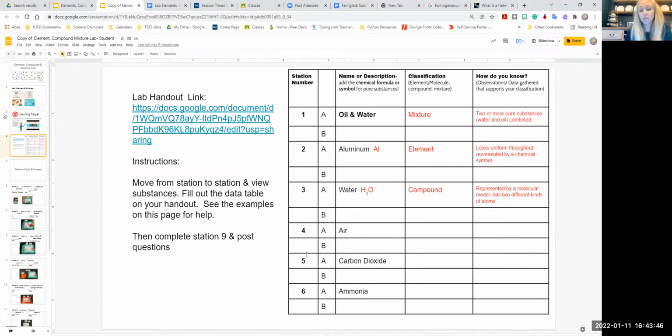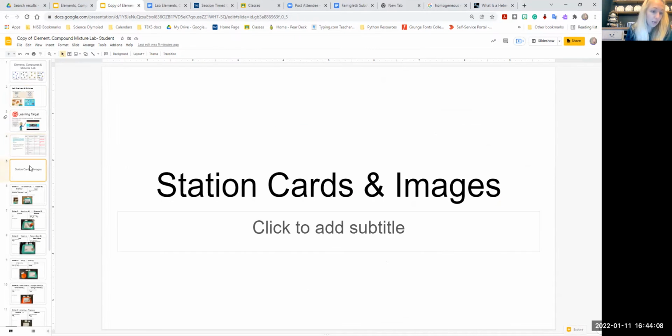Notice that you'll go all the way through station 8, not through station 6. But if you're struggling, you can come back to this slide, and there's some hints that are being given to you on some of the parts of the station, like that show you how to fill out the handout appropriately. So that's a nice little helpful hint slide for you.